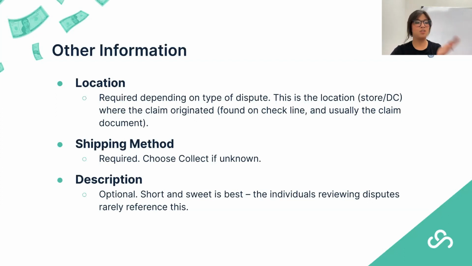Literally, you can just say shipped in full, POD attached. That's sufficient. If they push it back to you, so they disagree and need more information, then you can give them a longer description and additional proof. But I wouldn't worry about spending too much time on your first go around, because 90% of the time they're not going to read it.